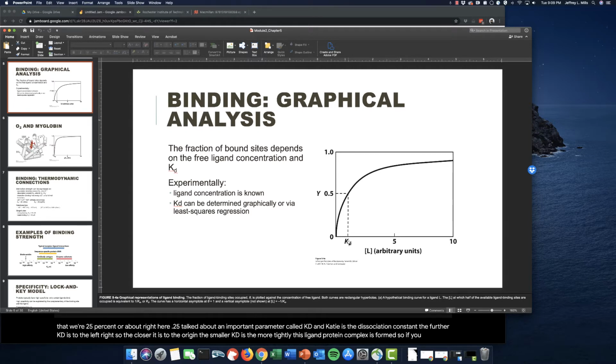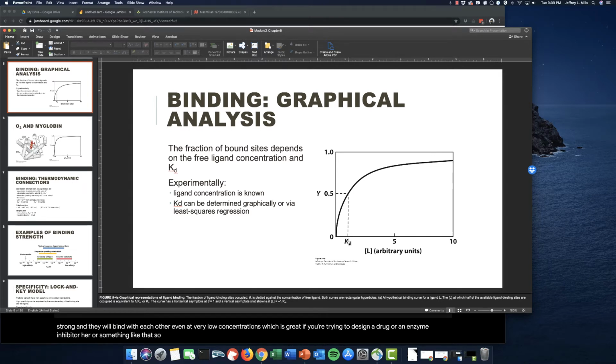So if you have a very low KD, say nanomolar or even smaller than that, that means that the interaction between your ligand and your protein is very, very strong, and they will bind with each other even at very low concentrations, which is great if you're trying to design a drug or an enzyme inhibitor or something like that.